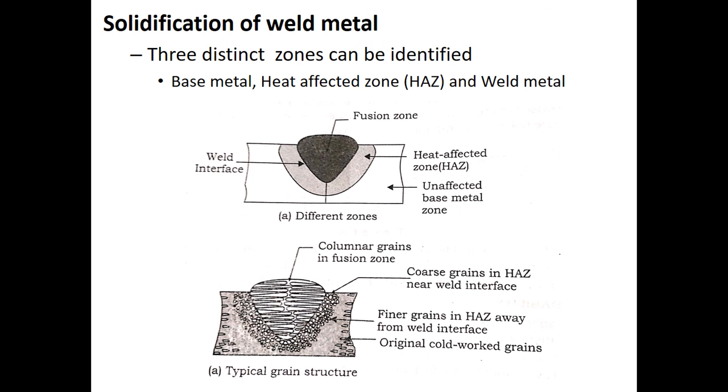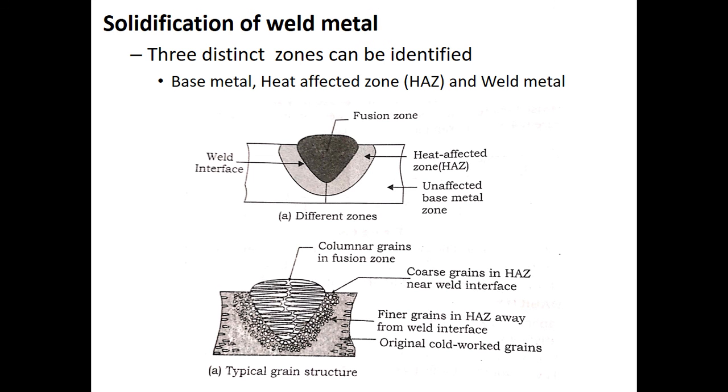You know that after a suitable welding process, you will get a weld joint, isn't it? For example, in the case of a fusion welding process, the weld joint obtained generally has three zones. One is the base metal, the heat affected zone, popularly known as HAZ, very important, and the weld metal.